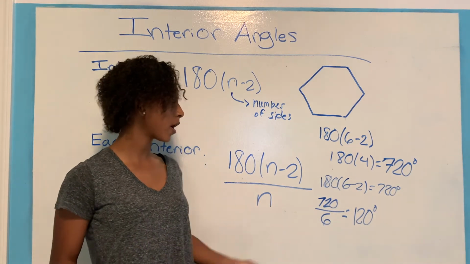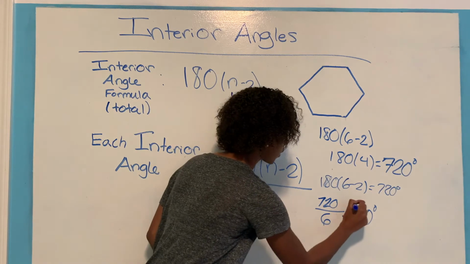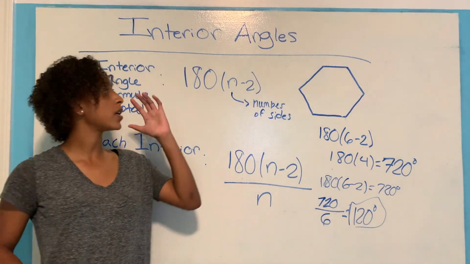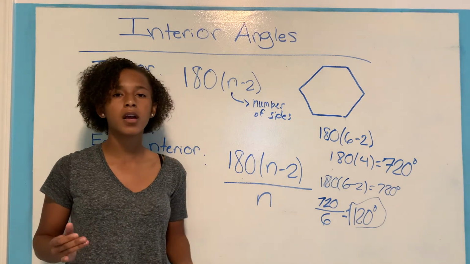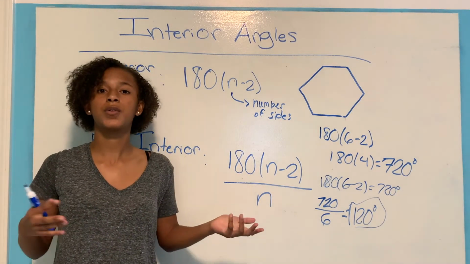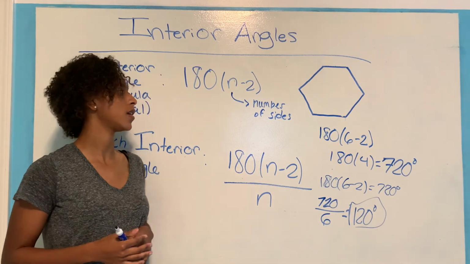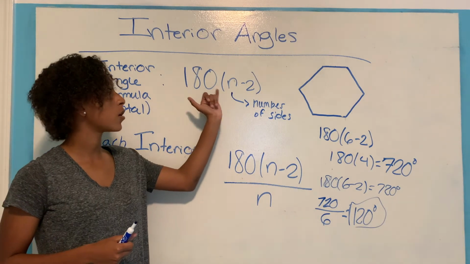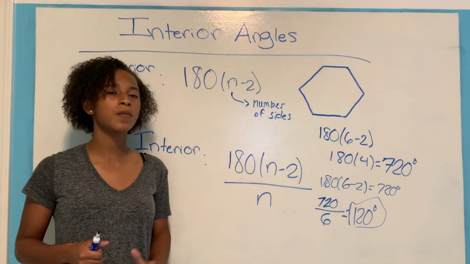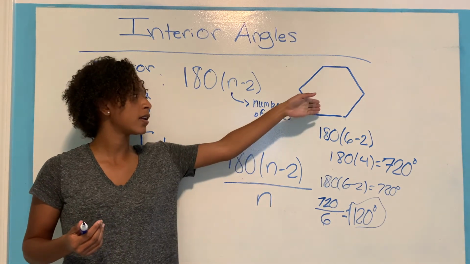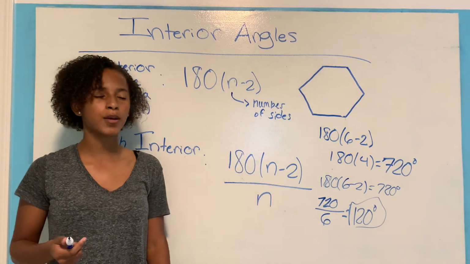All right, and in a quick recap of what we did in this video, we're learning about the interior angles of a polygon. These are the two key formulas that I started to use when I was studying for the SAT and ACT, and they're really helpful. This one, 180 times n minus 2, is to find the total number of degrees inside of a polygon.